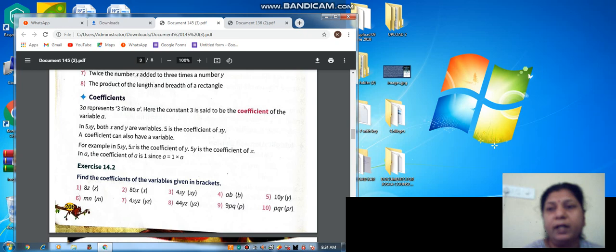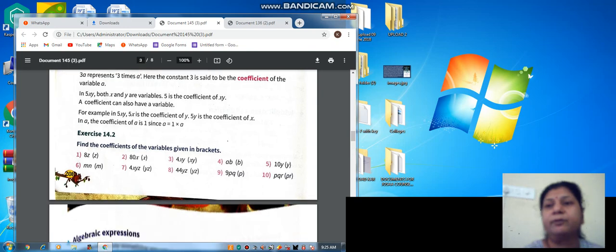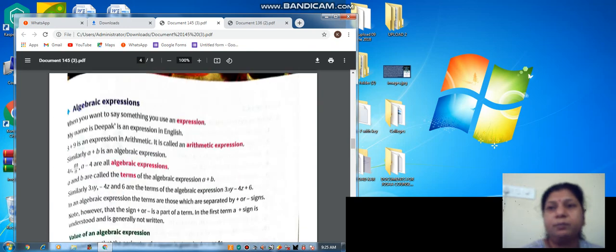In 4xyz, yz is the variable, so what is the coefficient? 4x. In 9pq, p is the variable, so what is the coefficient? 9q. Understand, everyone?